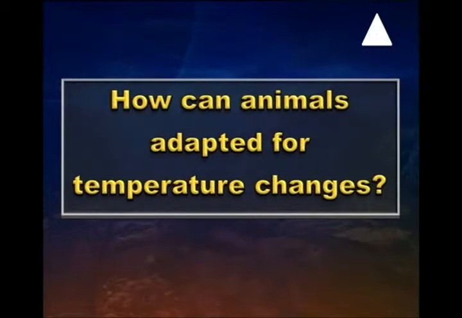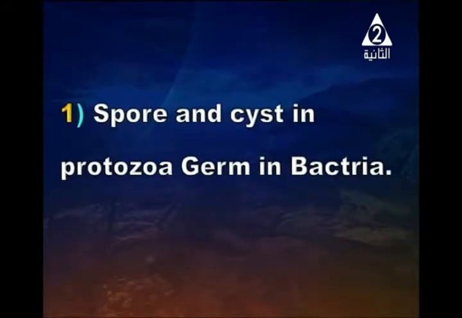How can animals adapt to temperature changes? For the protozoa we have spore and cyst. For bacteria we have germs. This is a kind of changing the form of the animals under hard conditions, making spores and cysts in protozoa or making germs in bacteria.